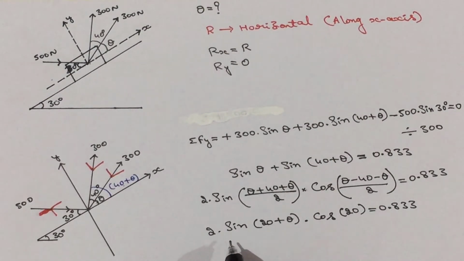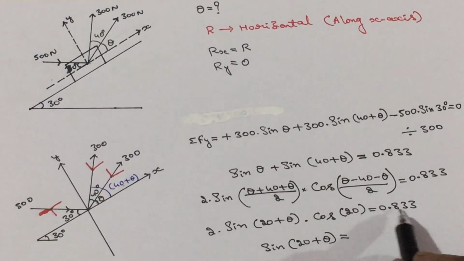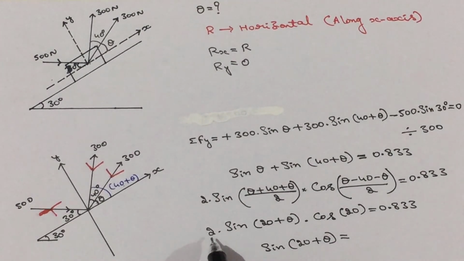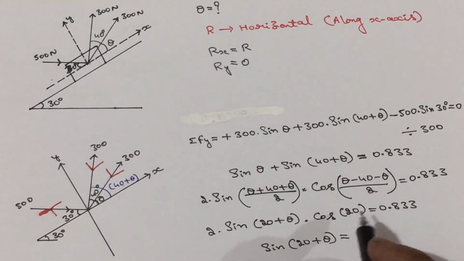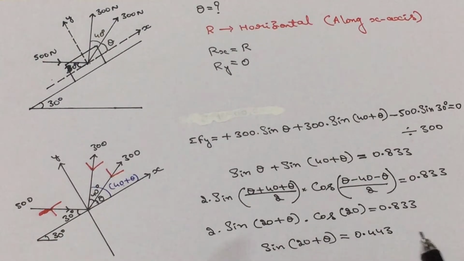Then keep the unknown on one side, that is sin of 20 plus theta. Then move all other terms to the other side. It will become 0.833 divided by 2 into cos of 20. You are going to get 0.443.